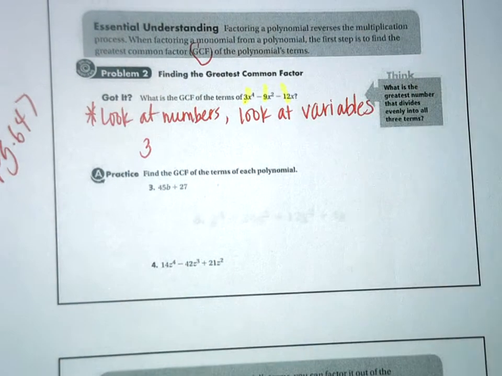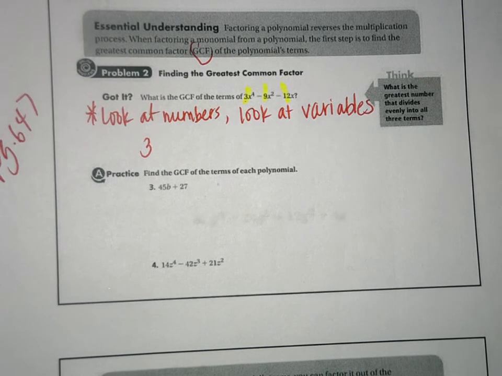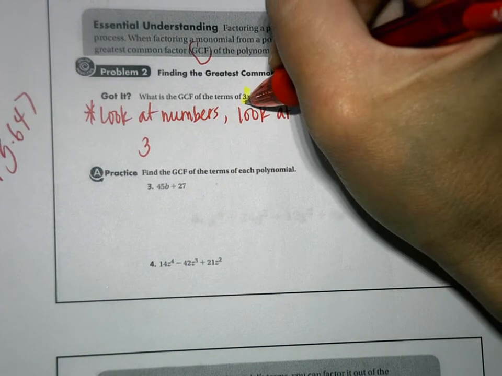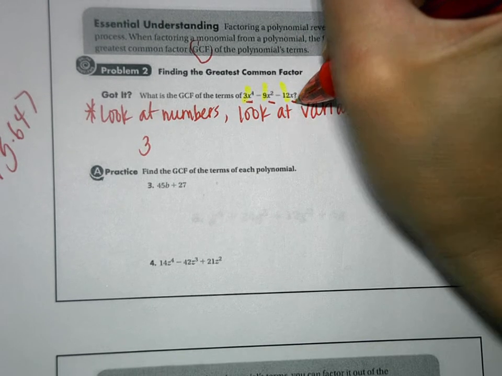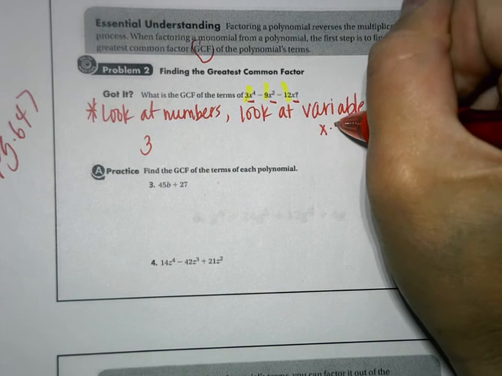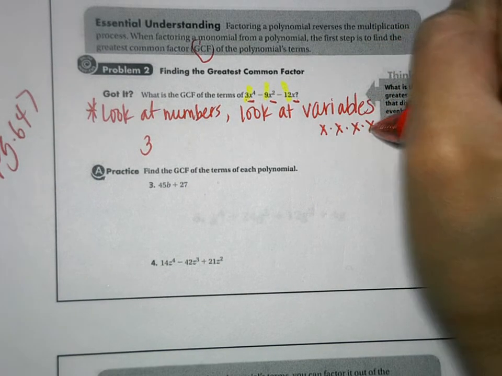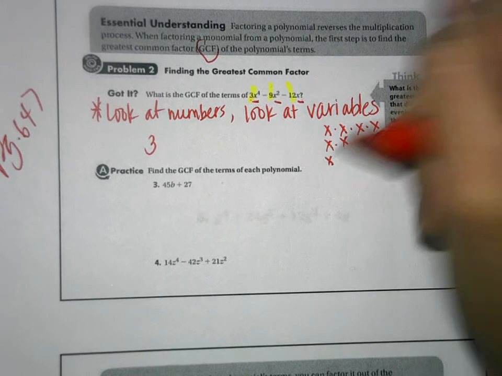Now, if 3 didn't work, then we'd try to go down from 3 and split 3 apart to see if one of those numbers could go into all of them. But in this case, 3 worked. So here, when we look at our variables, I have 4 x's, and I have 2 x's, and then I have 1 x. If we were to list these out, you would write x times x times x times x for the first one, 2 x's in the second one, and 1 x in the third one.